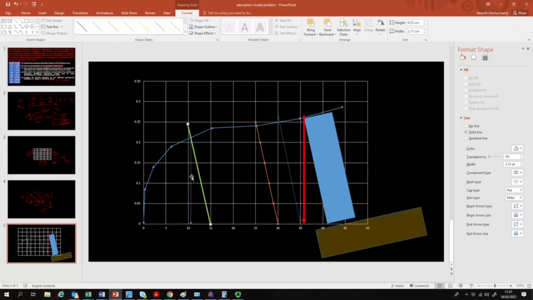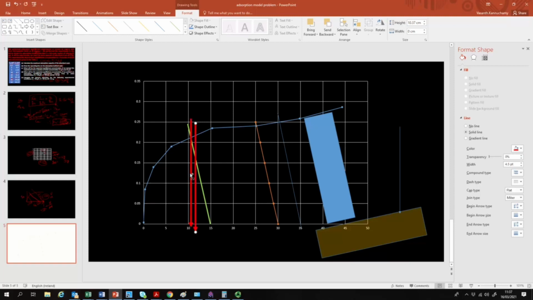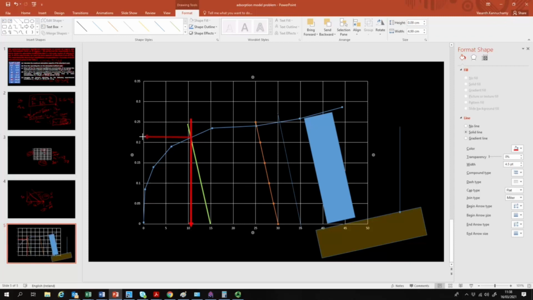Our CE value will be roughly equal to 10.8 grams per liter. If you want, we can also calculate the QE value. All you need is to check wherever the operating line intersects your equilibrium curve. Just locate that particular point, and the corresponding value on the y-axis should be the amount adsorbed.